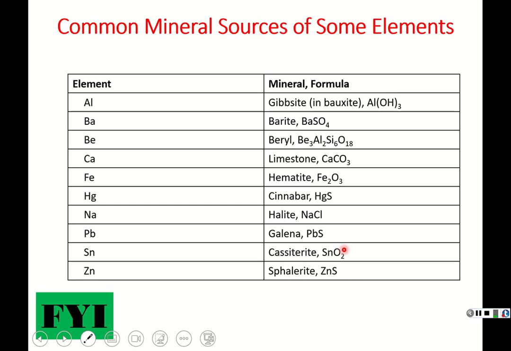Not important to know these in this class, but if you're interested, here are some of them. Probably the most applicable to our class, I would say, is maybe limestone. That's where calcium comes from, so industrial calcium. Iron, that ore is called hematite.